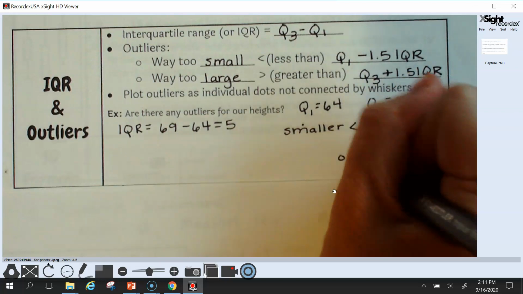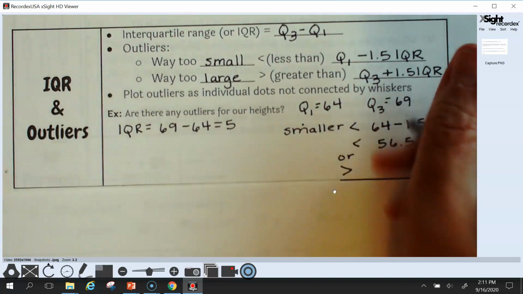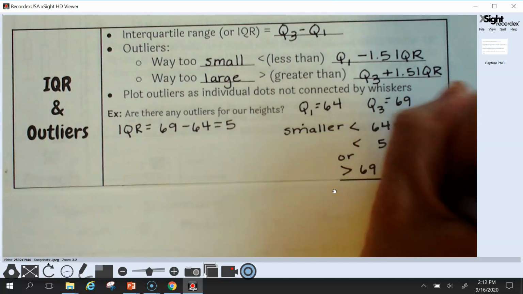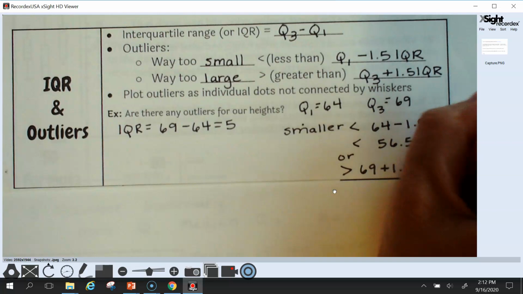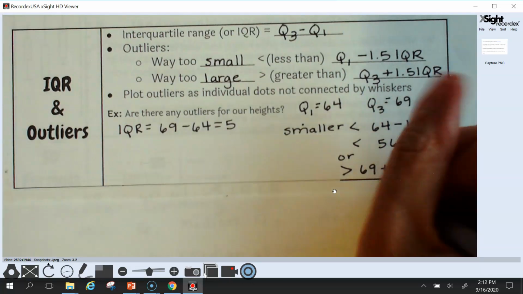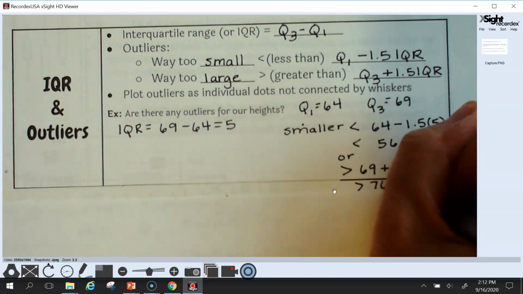Or anything greater than 69 plus 1.5 times 5. In this case, anything that's greater than 76.5.